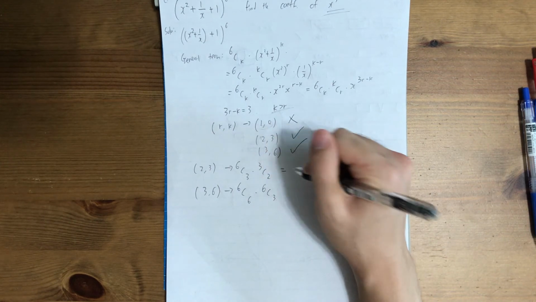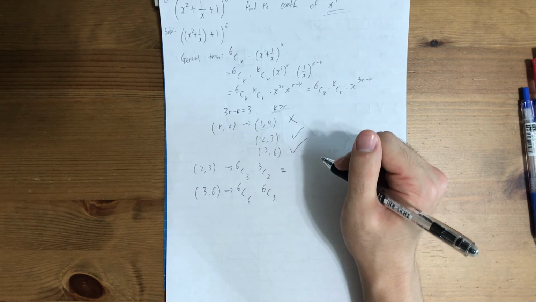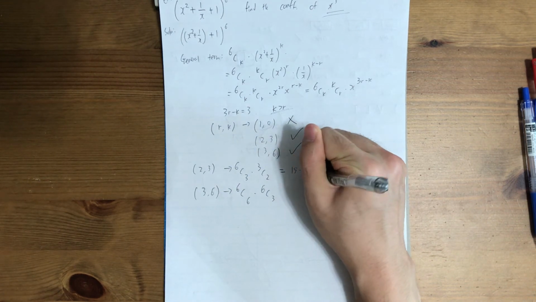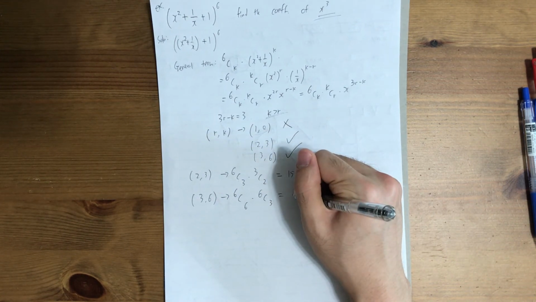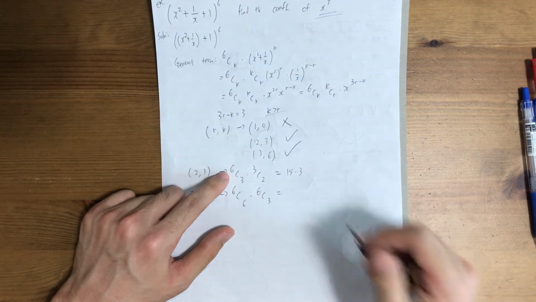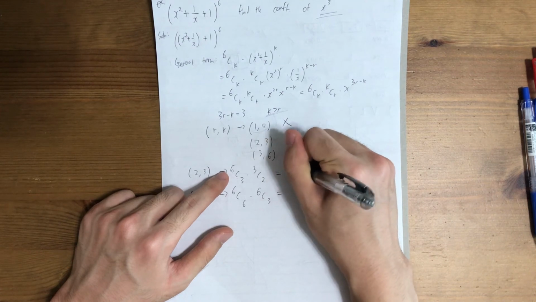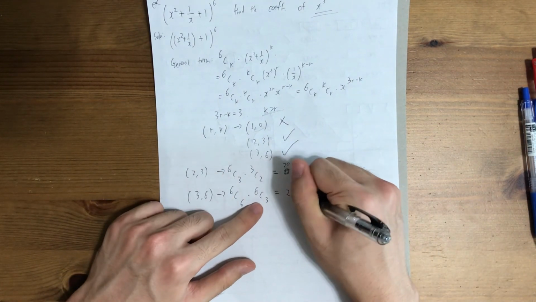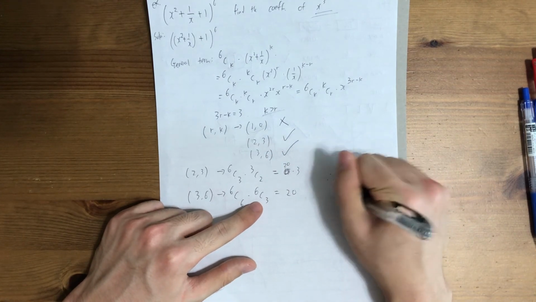So this one is simpler. So that's what, 15 times 3, and that's 15. It's 20, right? 20, yeah. 20 times 3, and this is 20. So the answer will be 80.